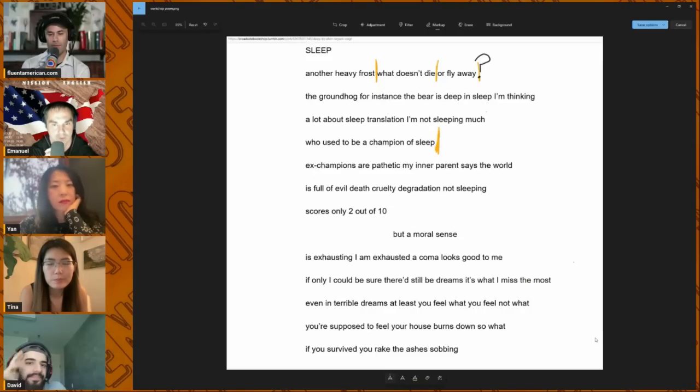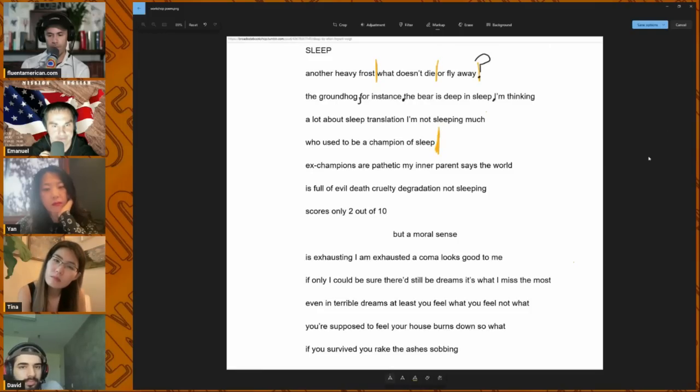Maybe a comma after "groundhog," after "instance," a period after "sleep." The only thing I might change is to put a period here, because to me I'm seeing two different examples: the groundhog, then the bear. Is this helping at all?